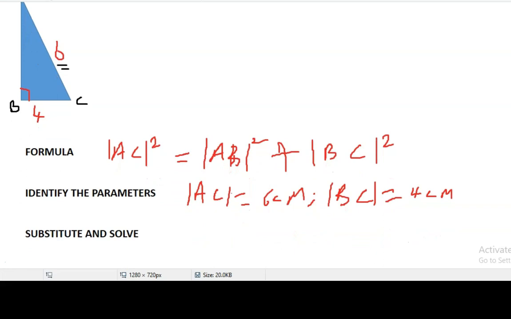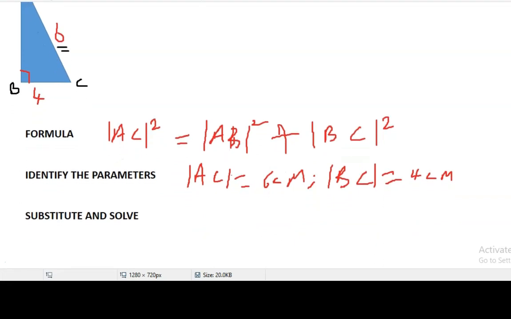AB is unknown. So now, substituting the values into the Pythagorean formula, you are going to have 6 square is equal to AB square, the unknown, plus 4 square.